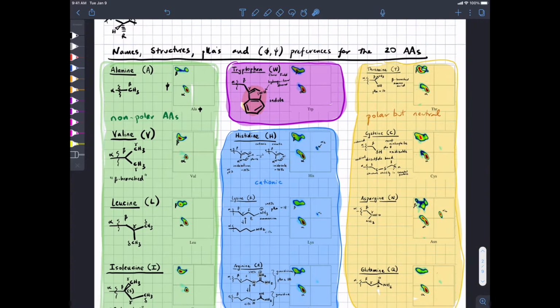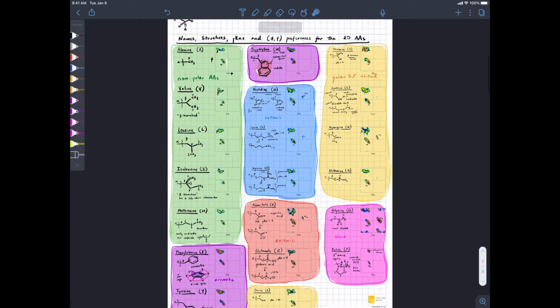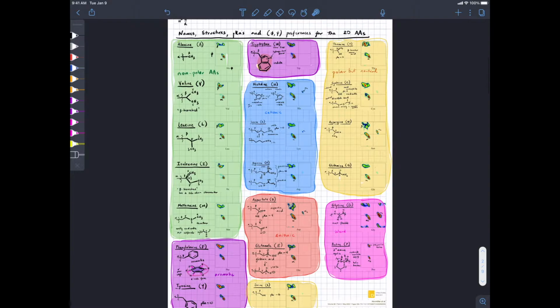But I've grouped the 20 amino acids into a few categories that broadly give you a sense for what those side chains might do. And as we talk about each one, I'll show you a Ramachandran plot for just that amino acid in all proteins, so you can see what kinds of secondary structures or phi-psi angles are adopted by these amino acids.